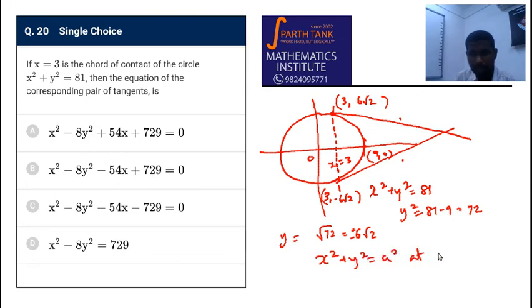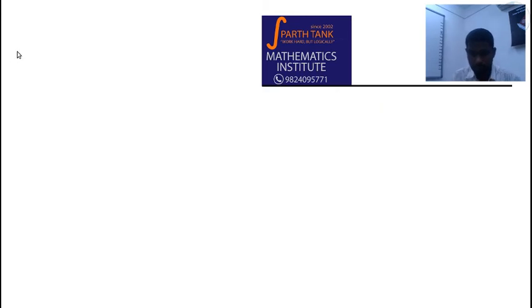Alright? Now what is the tangent to the circle x squared plus y squared is equal to a squared at x1 comma y1, where x1 comma y1 lies on the circle? It is xx1 plus yy1 is equal to a squared. So using this, we can find the tangent at this point and tangent at this point. So first, tangent at 3, 6 root 2. Remember, tangent's equation is xx1 plus yy1 is equal to 81.